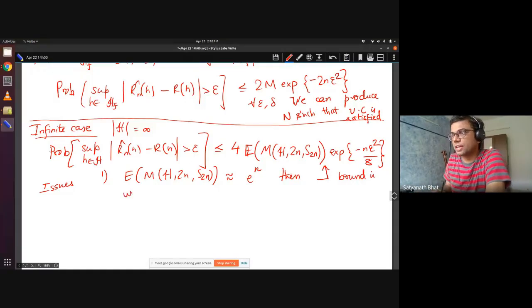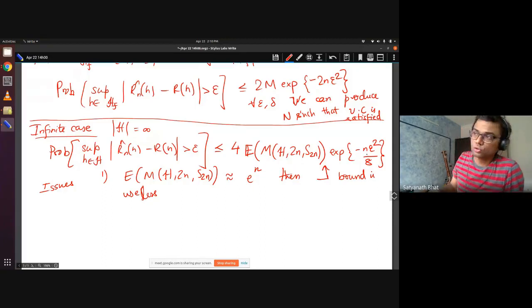I hope everyone can understand why. If you put e power n and then e power minus n, they cancel each other, and you are left with some kind of constant, which is not really useful. What you would like is that as n increases, this probability should get smaller and smaller. If it is e power n, then this is useless. But if it is some polynomial of n, then it is still useful. That is problem number one.